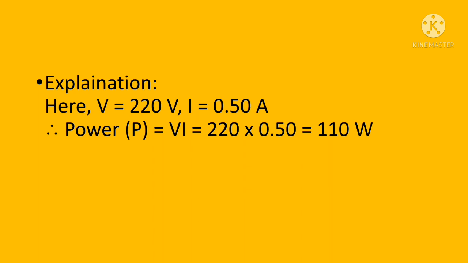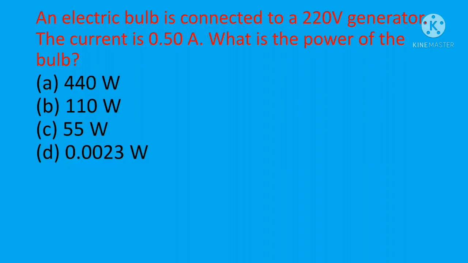So what will you get? 0.5 means 1 by 2. So 1 by 2 into 220. Then by crossing you will get 110 watt. So therefore the correct option is option B, that is 110 watt.